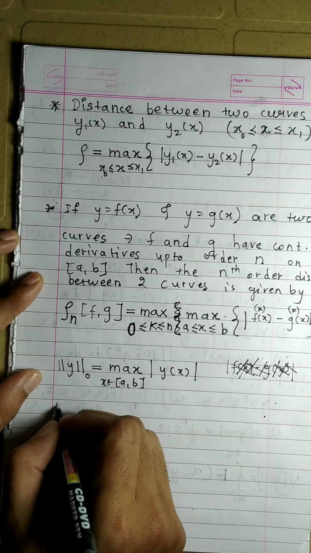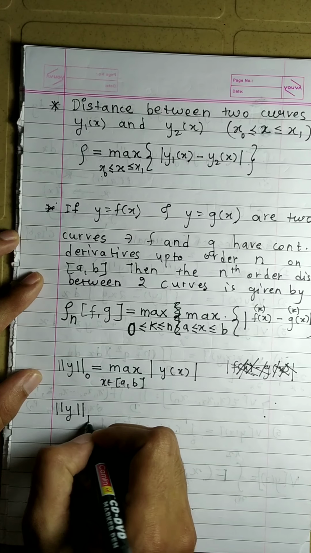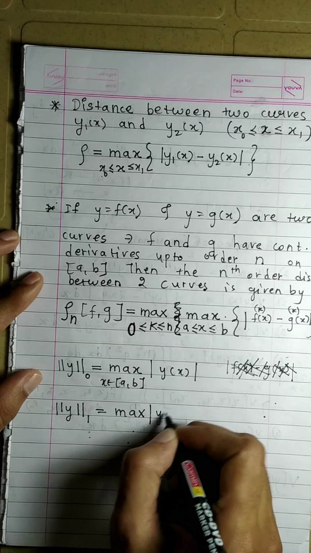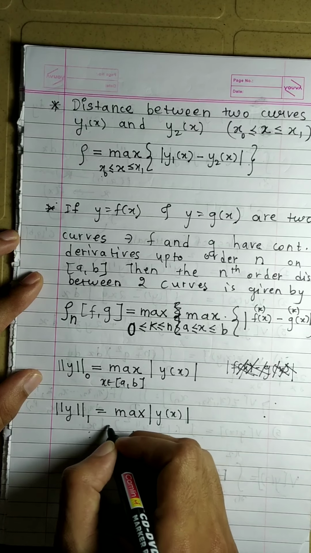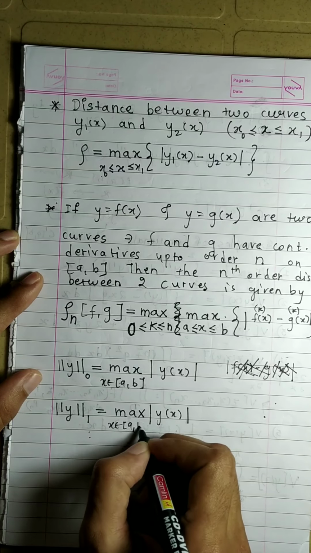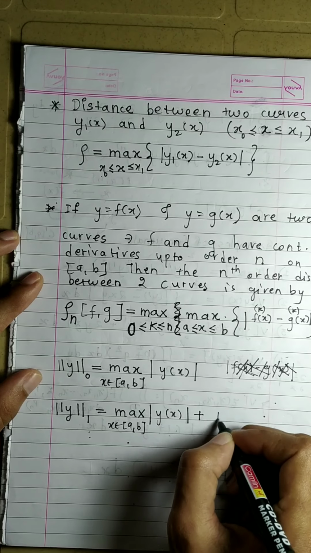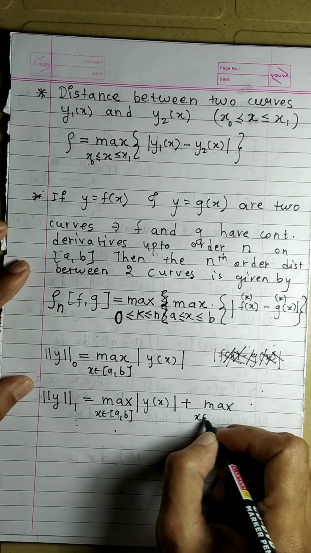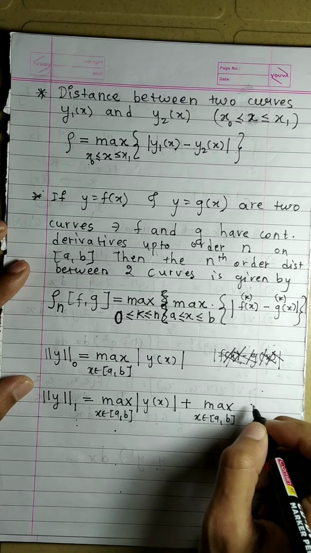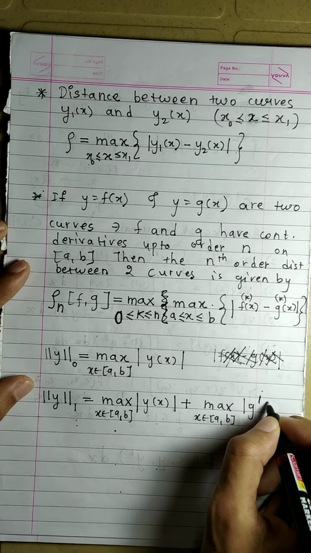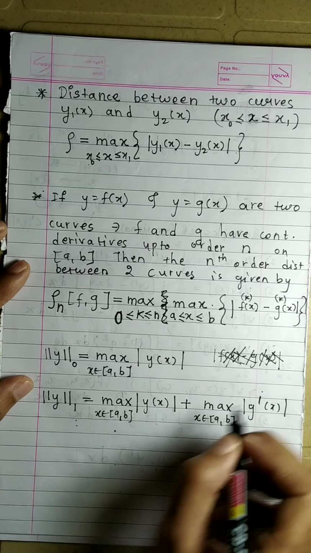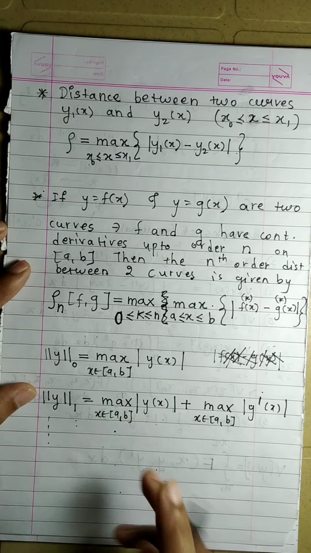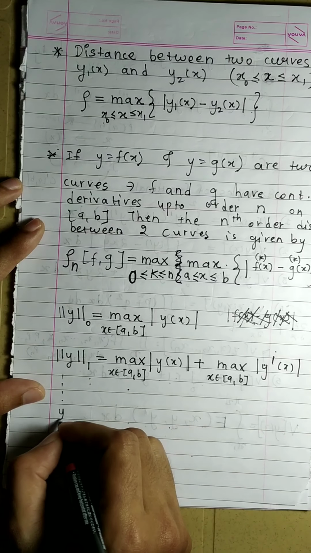Then norm of y1 will be defined as the maximum of this y of x, where x is in the interval a, b, plus the maximum over x in the interval a, b of y dash of x. If it is 1, go till y dash of x.